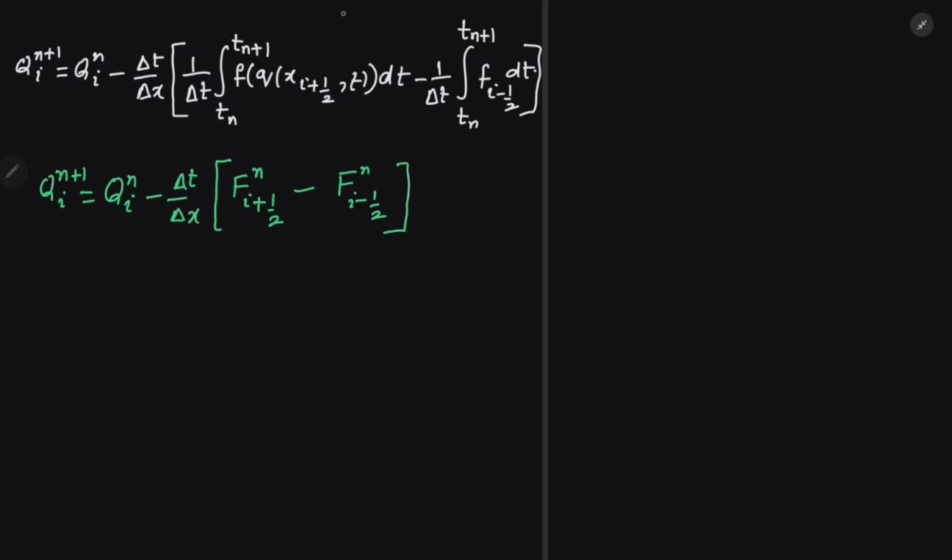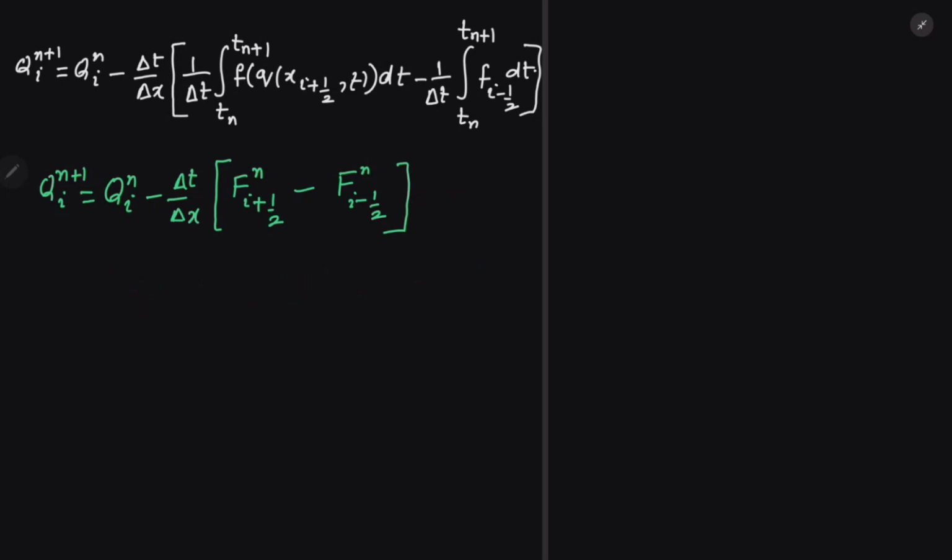This is our first numerical method. Generally, we assume that we have partial q by partial t plus partial by partial x of a flux, which can be a function of q and t, is equal to 0. So solving this problem, we have this thing.